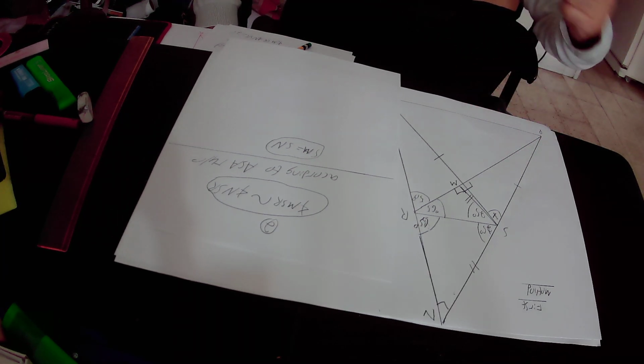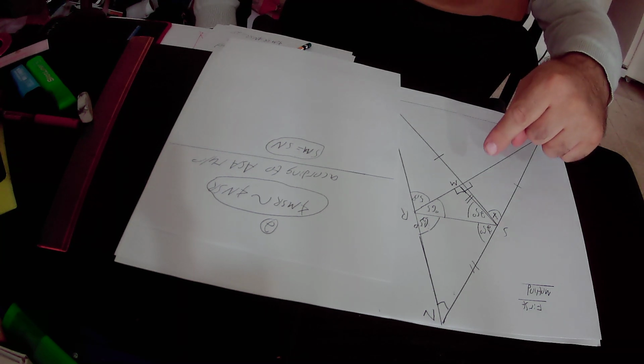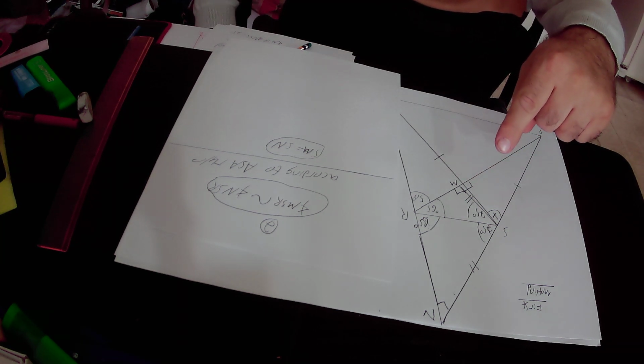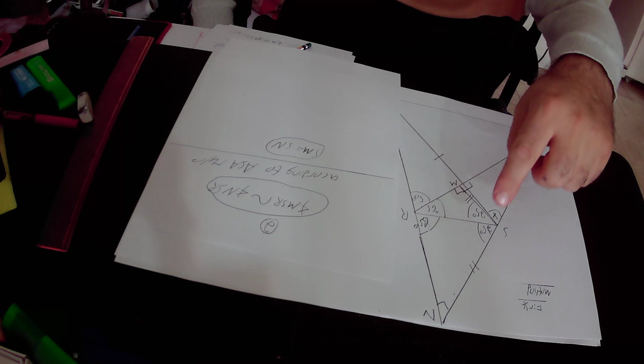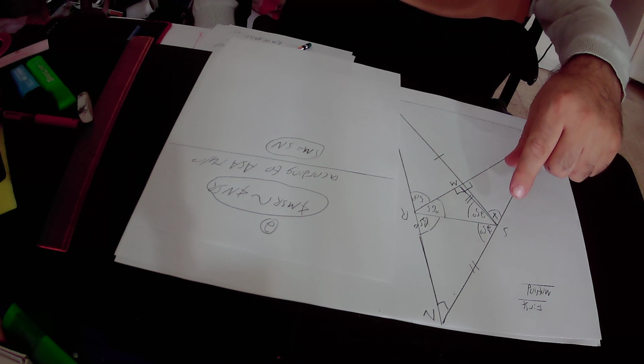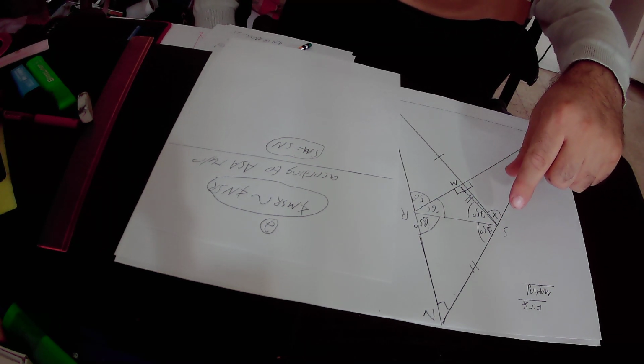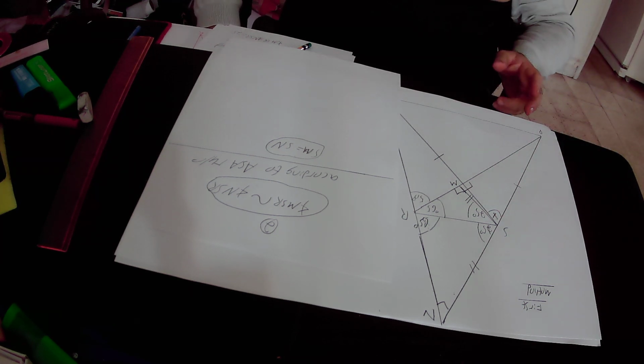I repeat, triangle SMR is congruent to triangle SNR, therefore the two corresponding sides, SM and SN, will be equal to each other, according to the rule that corresponding sides in congruent triangles are equal.